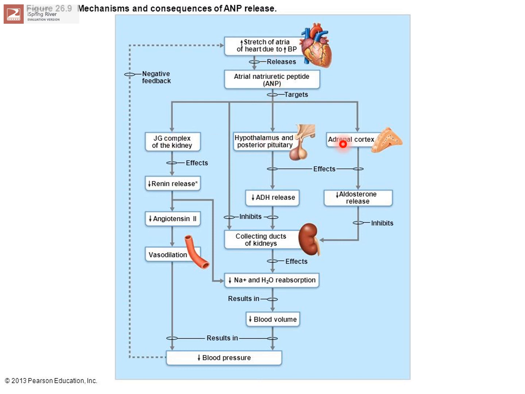So there are three different mechanisms by which ANP regulates sodium release in the body and in turn affects blood pressure. Okay, so the first mechanism is that the atrial natriuretic peptide tells the adrenal cortex not to release aldosterone. When no aldosterone is released, the collecting duct does not retain salt.